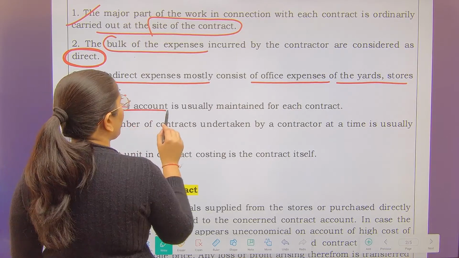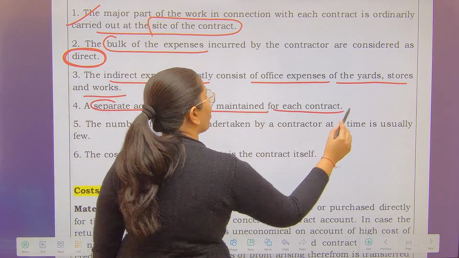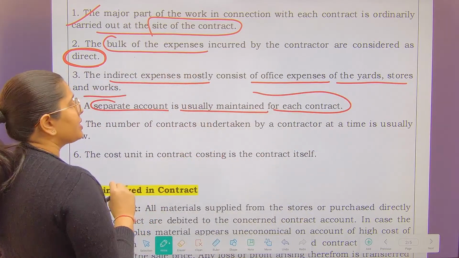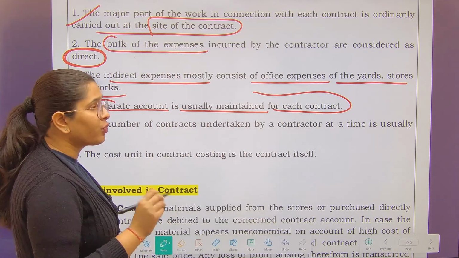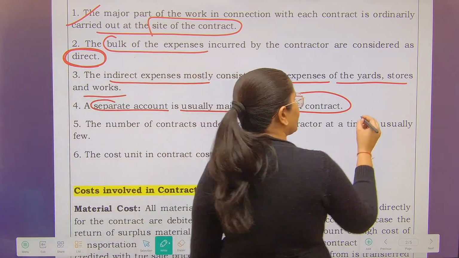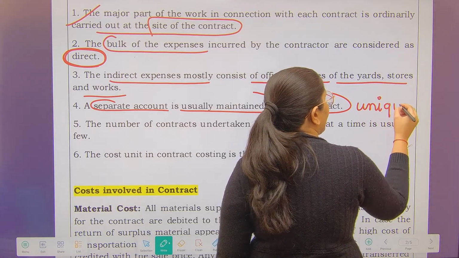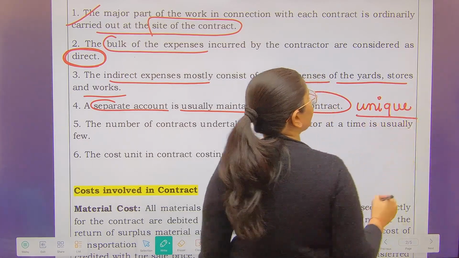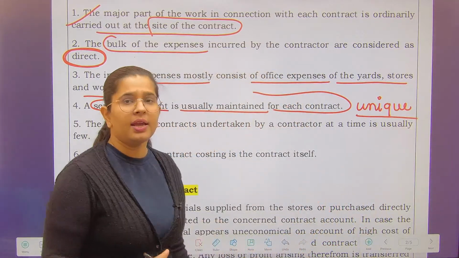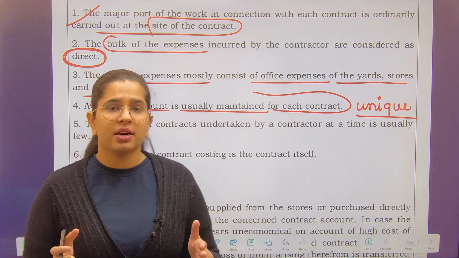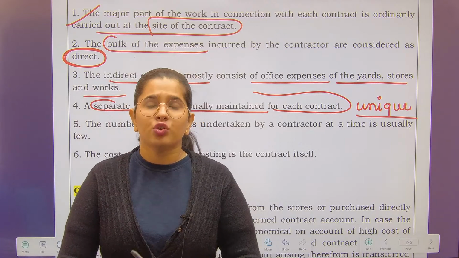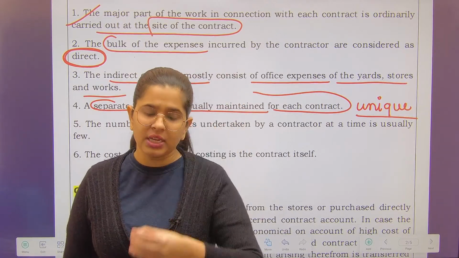A separate account is usually maintained for each contract. There is a separate account for each contract. Why? Because each contract is unique, having a separate identity. It is just like building each product as a unique product, so you are finding out the cost for each product.